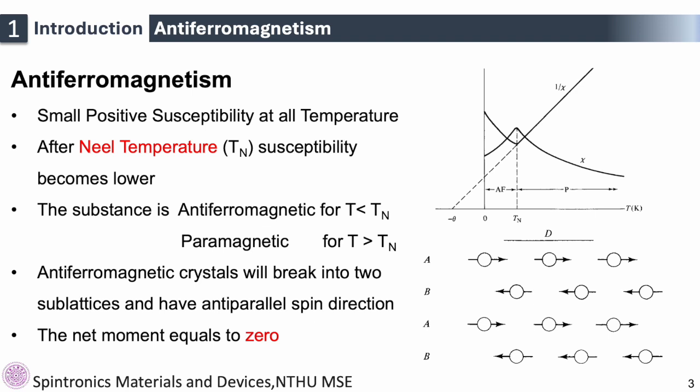The strong exchange coupling will exist and have a lower energy state when the 2 sublattices make the spins align in the opposite direction. Therefore, an antiferromagnetic substance has no net spontaneous moment and can only acquire a moment when a strong field is applied to it.